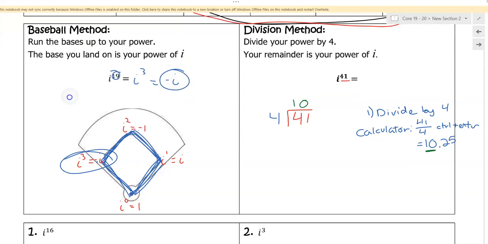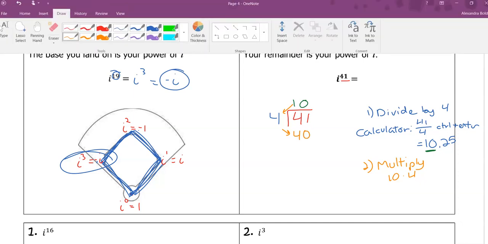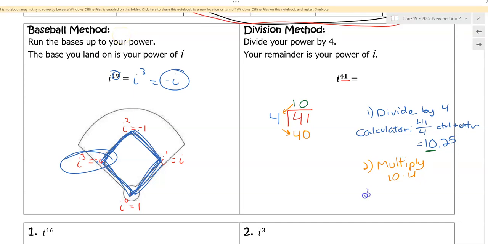Step 2. Multiply. This times this. 10 times 4 is 40. Step 3. Subtract. 41 minus 40 is 1. Okay. This is your new power. So that goes to here, i to the first.